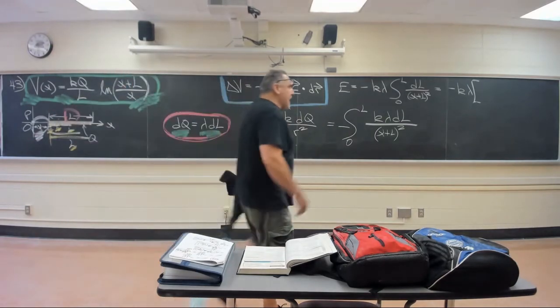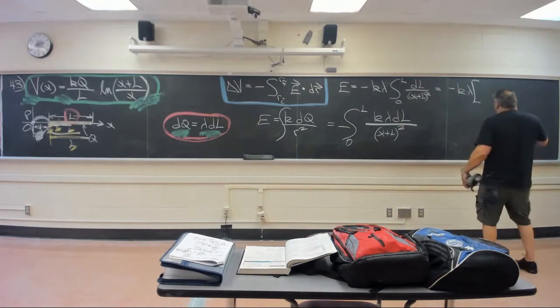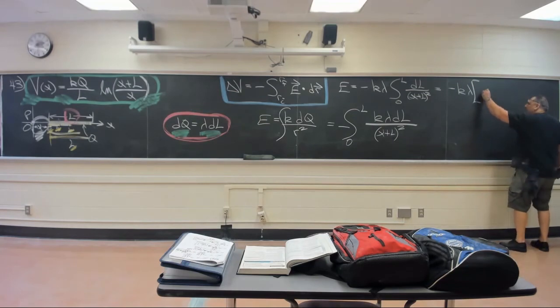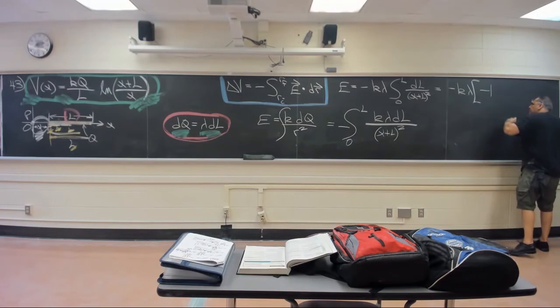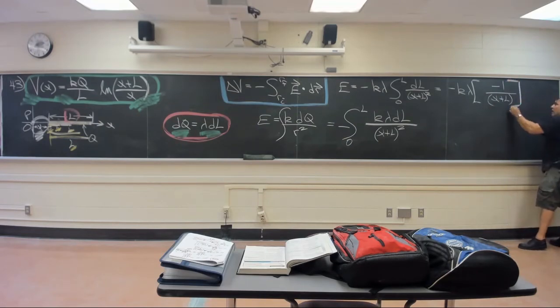You add 1 to it, it's U to the negative 1, and then you go 1 over negative 1, which is negative 1. It becomes negative 1 times this whole thing to the 1 power, evaluated between 0 and L.